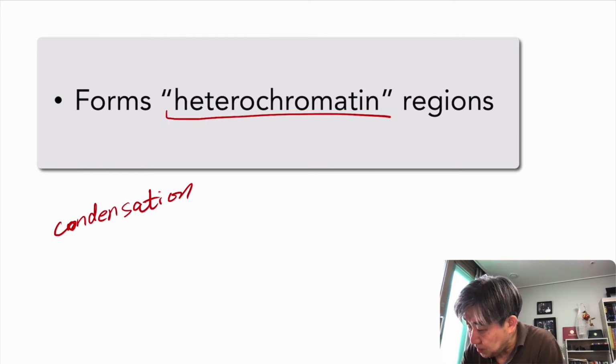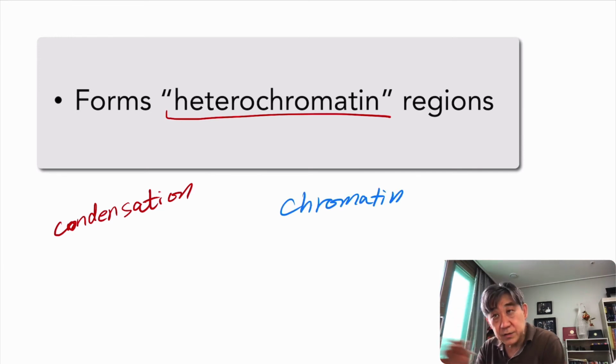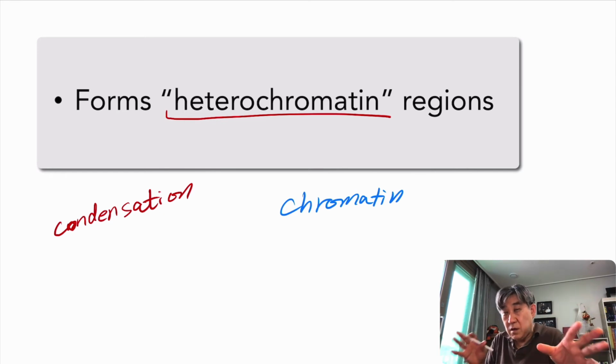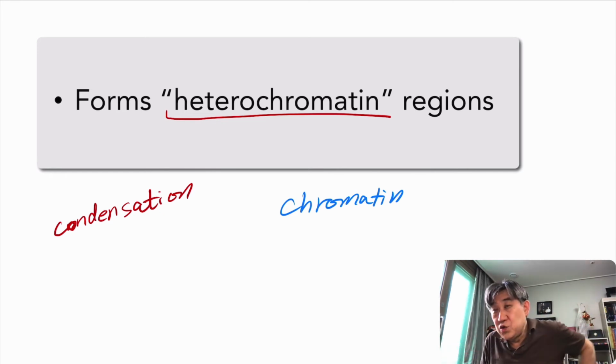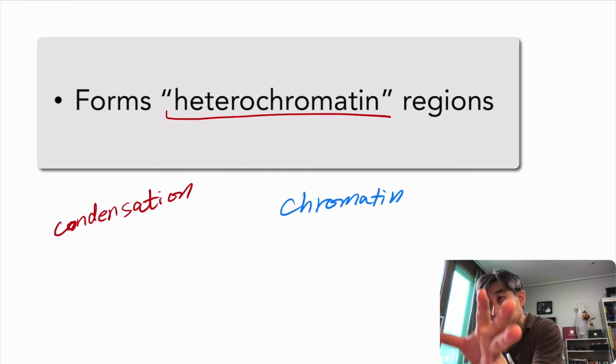You know what chromatin is, right? Chromatin is a relatively loosely condensed chromosome structure, and chromosomes can only be found right before the onset of cell division.